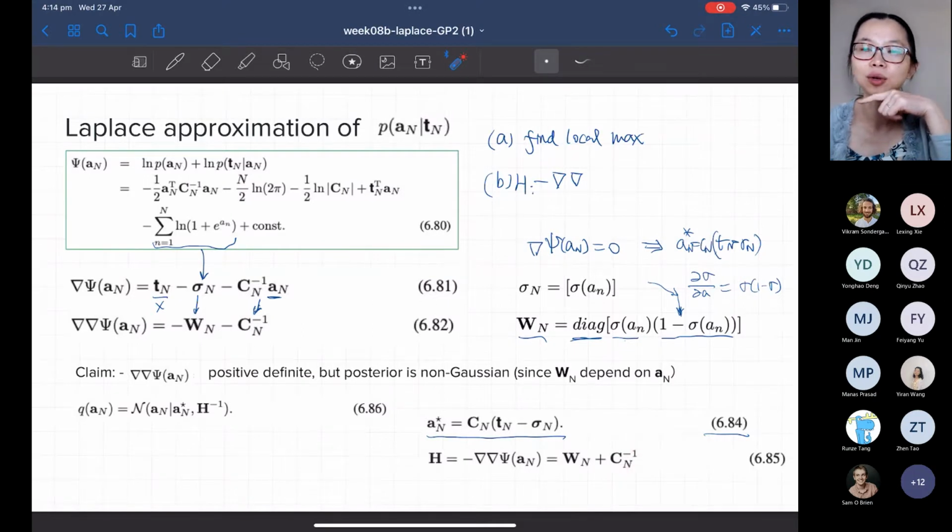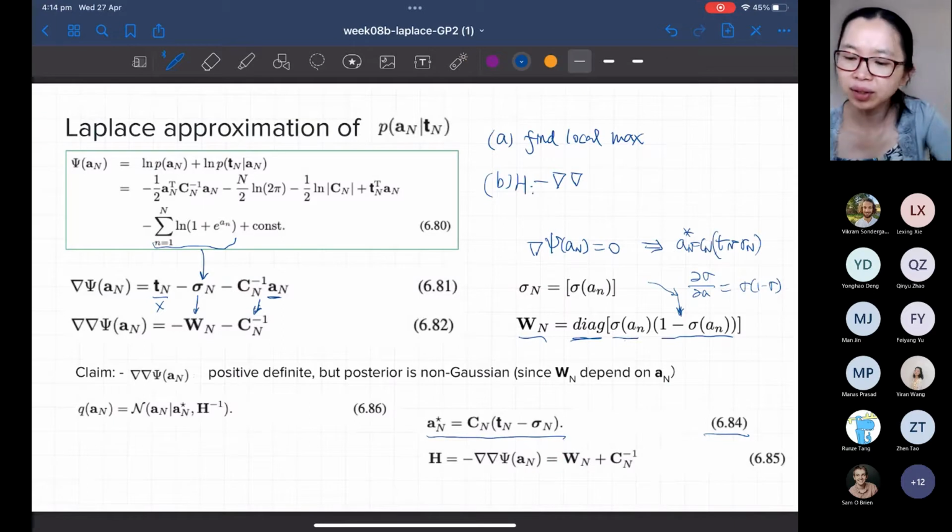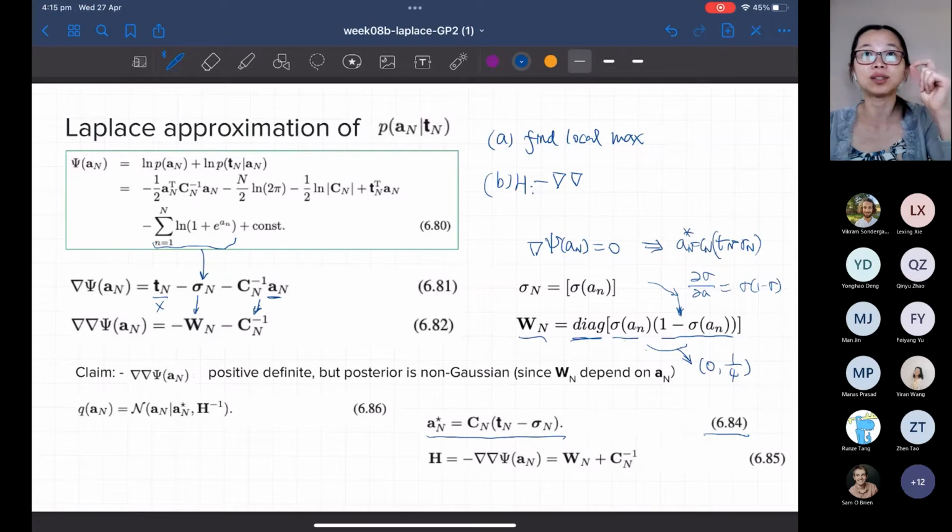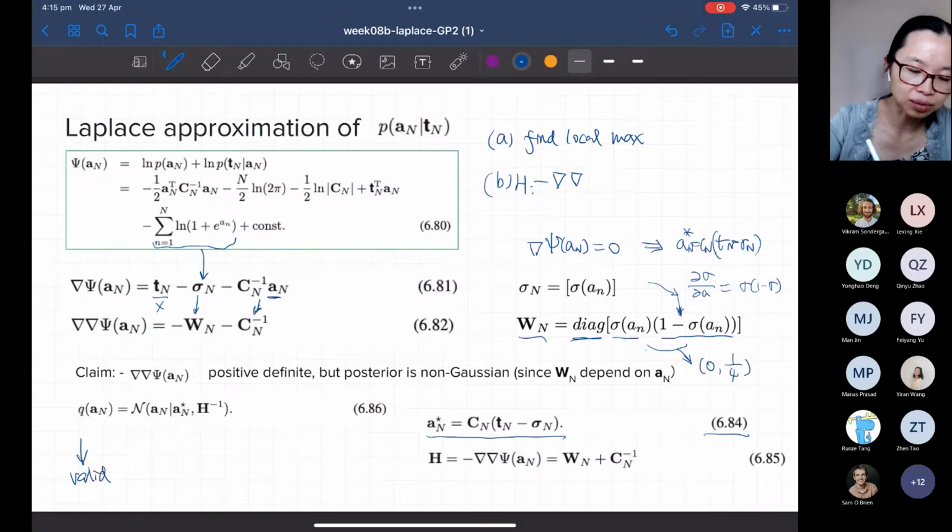The inverse of C is also positive semi-definite. W is too, since another property of the sigmoid function is that its derivative lies between 0 and 1 over 4, basically 0.25. It's maximum when the sigmoid is exactly at its middle point. So that is a valid Laplace approximation.